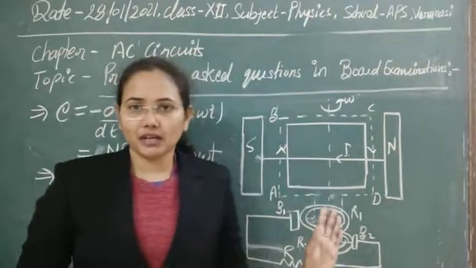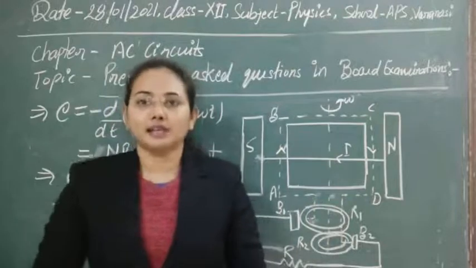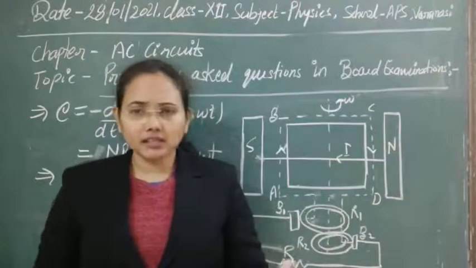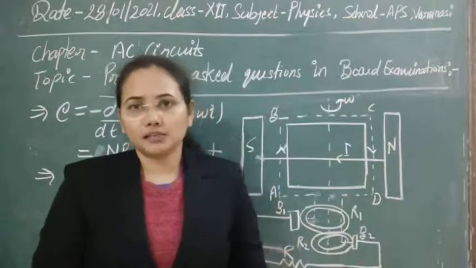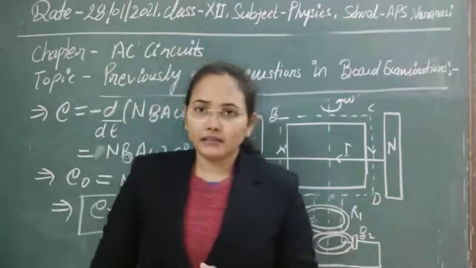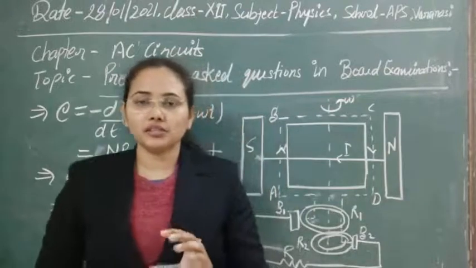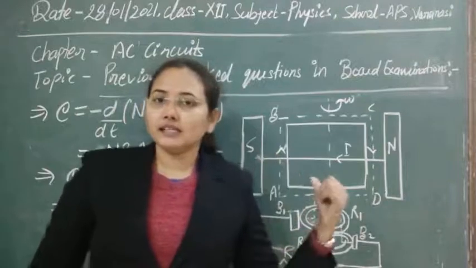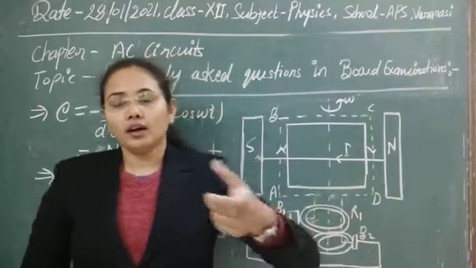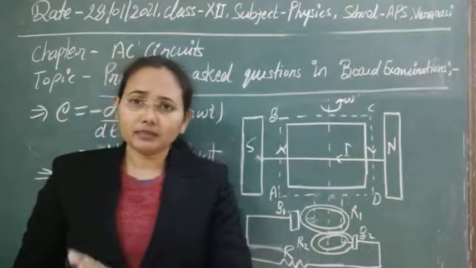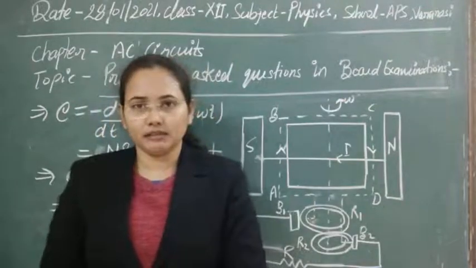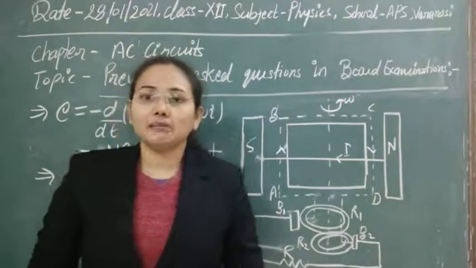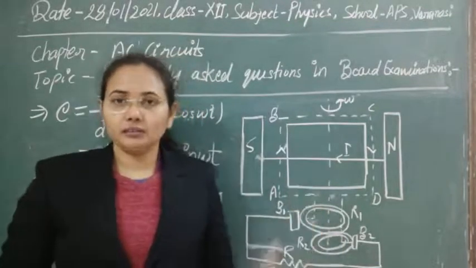As I told you, alternately it has been asked, continuously in some of the years, because in the 5 marks questions we have options. In one option, if an AC generator question is given, then in the other option a question based on the transformer is given. That's why I am repeatedly telling you to study both topics. That's very important really.